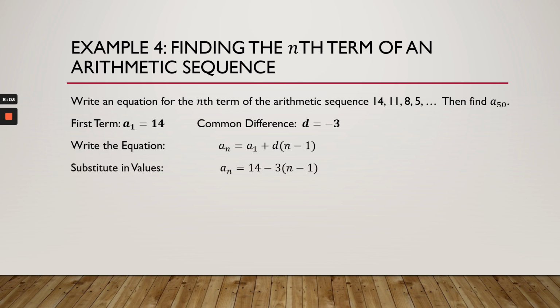So replacing a1 with our first term of 14 and our common difference with a minus 3, we get this equation. 14 minus 3, n minus 1 times. Well, remember, to get to the fifth one, I had to minus 3 4 times. Okay, and the same will always be true.